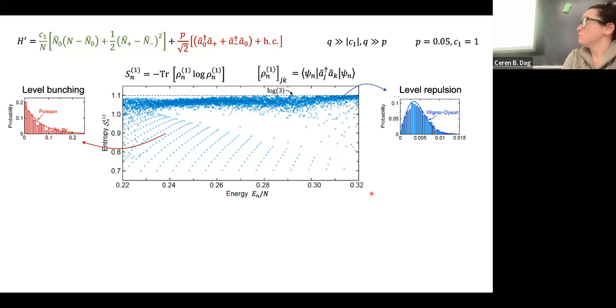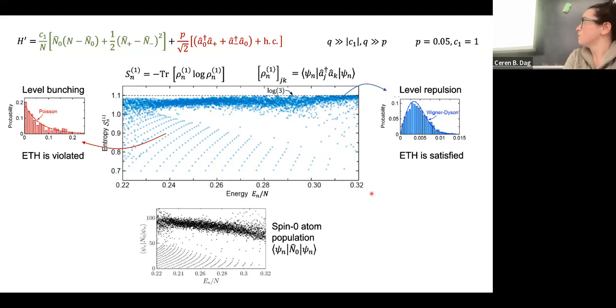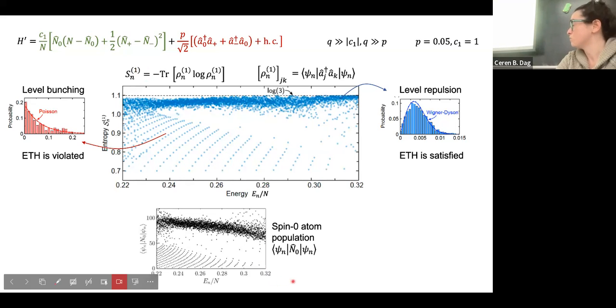Okay, so let me continue. We also look at the thermalization properties of these states. In these higher entropy bands, the ETH is satisfied, while for the lower, structured states, ETH is violated. We need to choose a local observable, and the particular observable we choose is the number of spin 0 atoms.